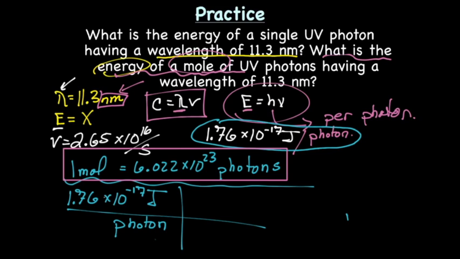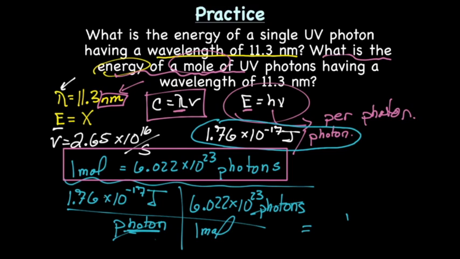setting it up so our units cross out. We want to get rid of photon, so photon is going to go on the top: 6.022 times 10 to the 23rd photons, and on the bottom is going to go 1 mole. Photon, photon. When we do the calculations, we end up with joules per mole, which is what we were looking for.